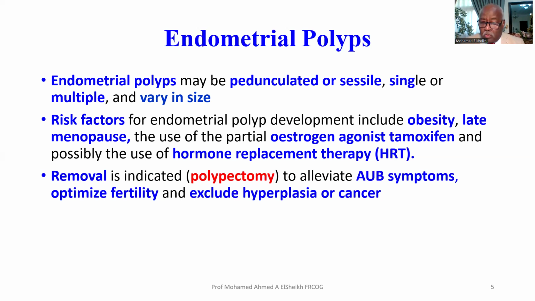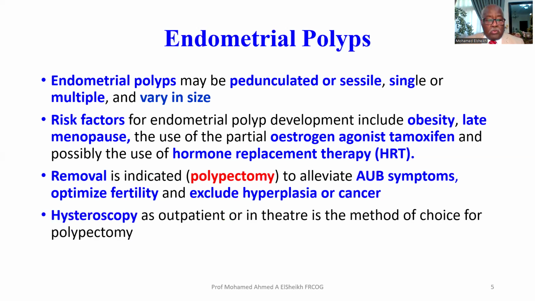And we have to exclude hyperplasia and cancer. That's what we are looking at at the time of removal, and also histopathology. Hysteroscopy, as an outpatient procedure or in the theater, is the method of choice for polypectomy.